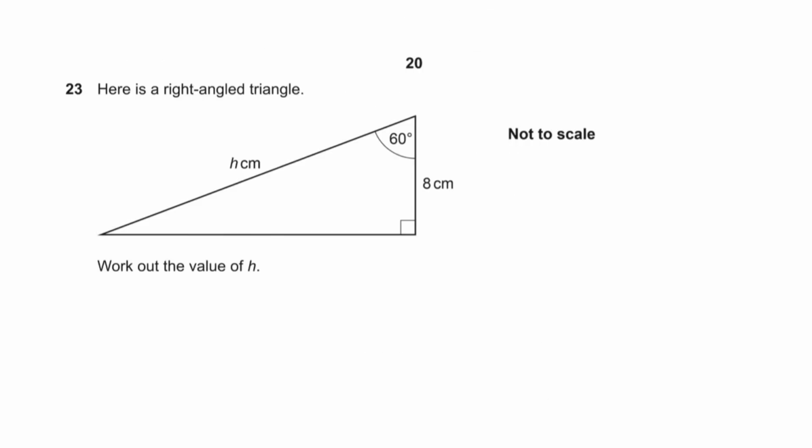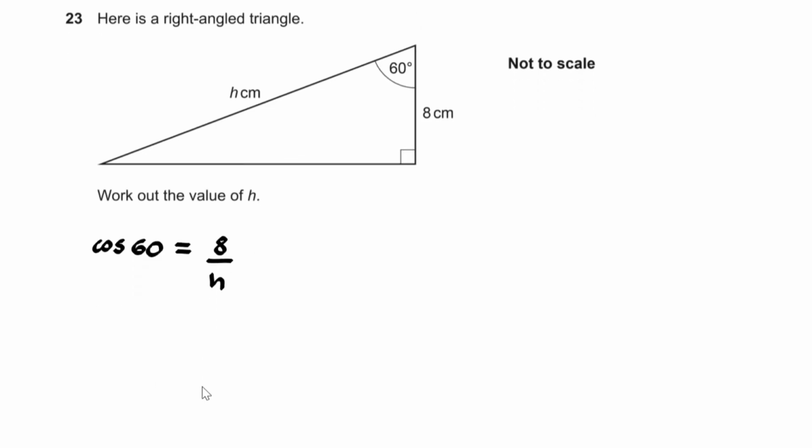Question number 23. Here is a right angle triangle. We have to work out the value of h. Well, we've got the hypotenuse, the adjacent, and an angle, so what connects those is cosine. So we've got cosine of 60 equals adjacent 8 divided by hypotenuse h. We need to find out what h is.